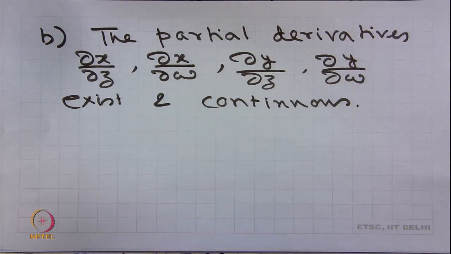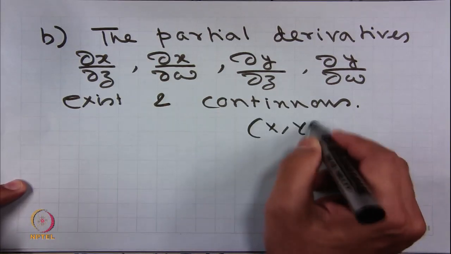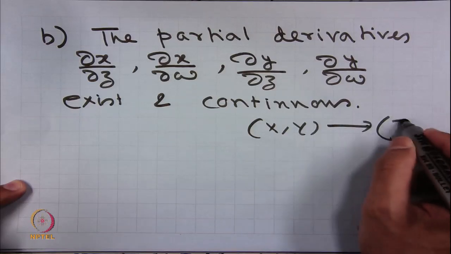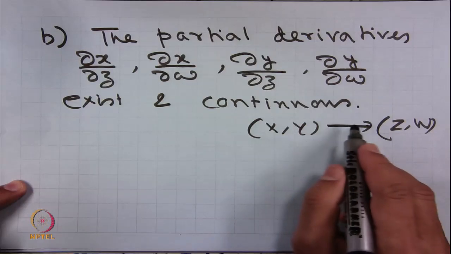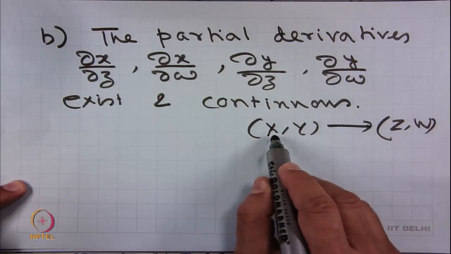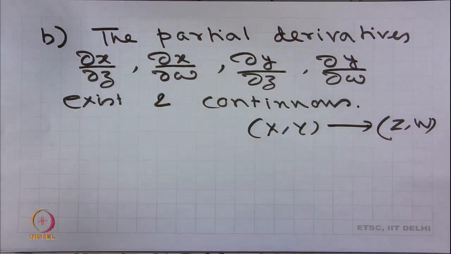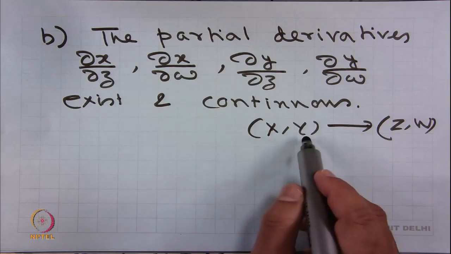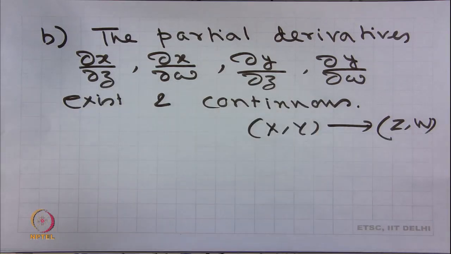So, we have from x y plane a mapping to z w plane such that it is 1 to 1, so that given any pair here we can uniquely determine the corresponding x y, and also the partial derivatives of x and y with respect to both z and w exist and are continuous.